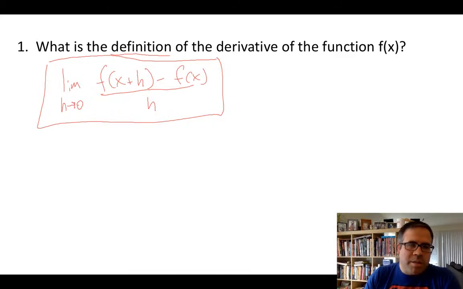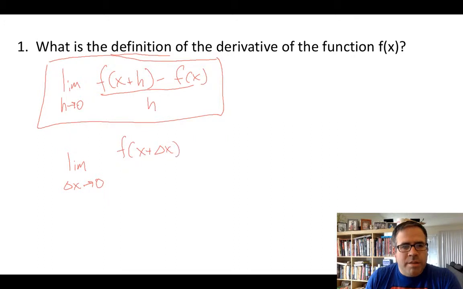There are a couple other ones that you might see. For example, you might see a limit where instead of h, they say delta x to represent what actually is going on. It's a difference going to 0. So f of x plus delta x minus f of x over delta x.